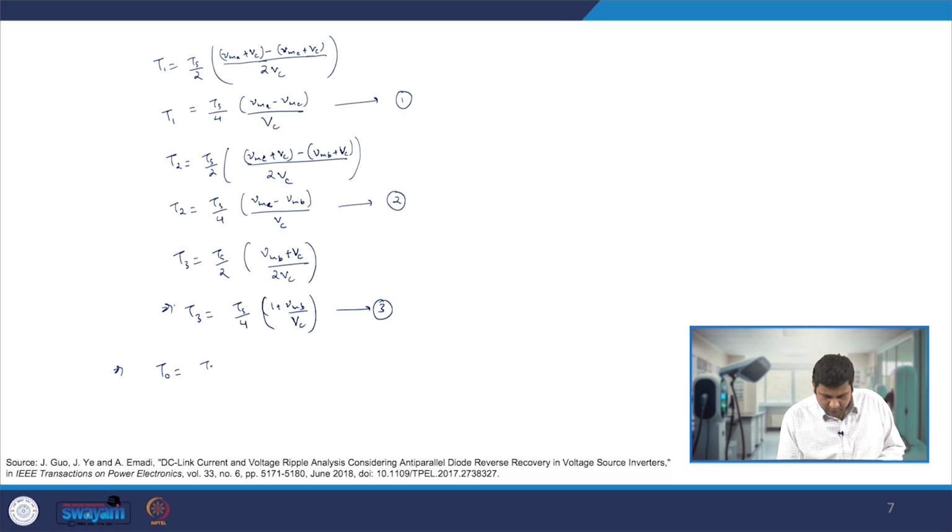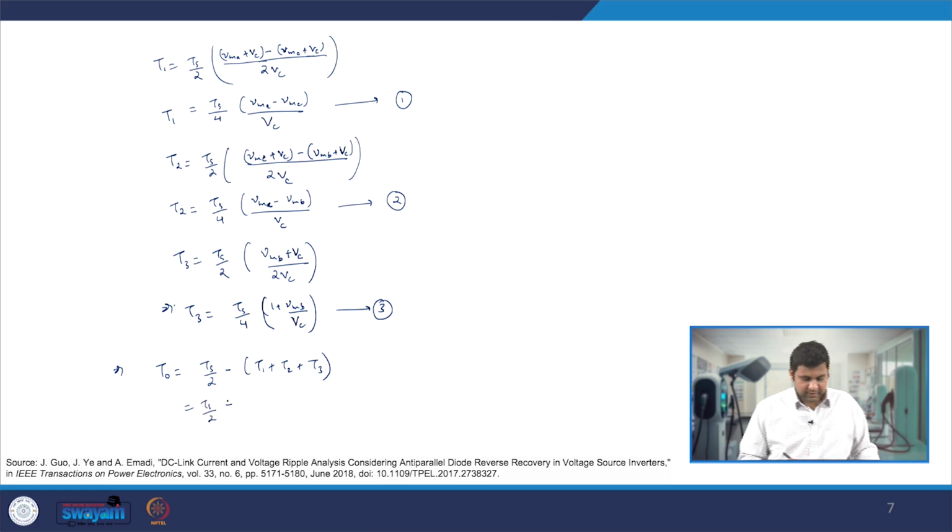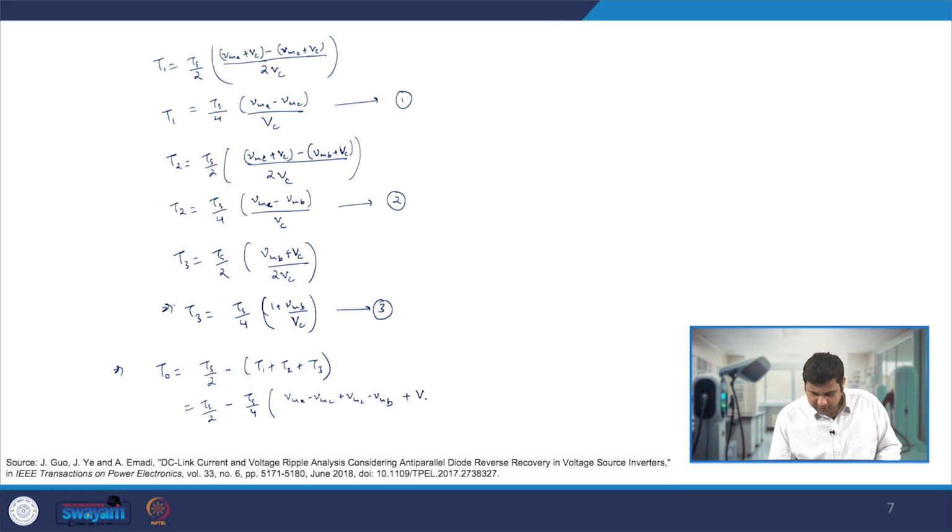T0 is nothing but, out of this Ts by 2 period, I have T1 plus T2 plus T3, and when we put down these expressions, we have Ts by 4 coming out from 1 to 3, and we have Vma minus Vmc plus Vmc minus Vmb, plus Vc plus Vmb, and everything we can write as Vc.